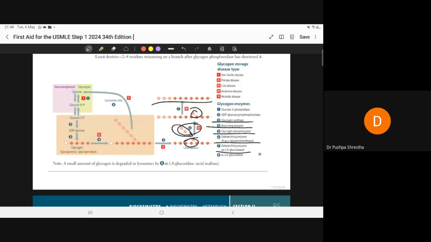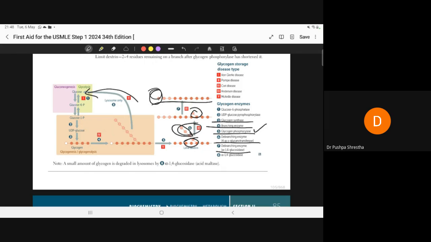Then again your glycogen phosphorylase comes in and keeps on cleaving. So this is the whole thing that happens, and after this, one molecule of glucose is free to go, if it is of course converted back into glucose, right? It goes into glucose 1 phosphate and then into glucose, and now it's time to exit from the liver cell and go into the periphery.